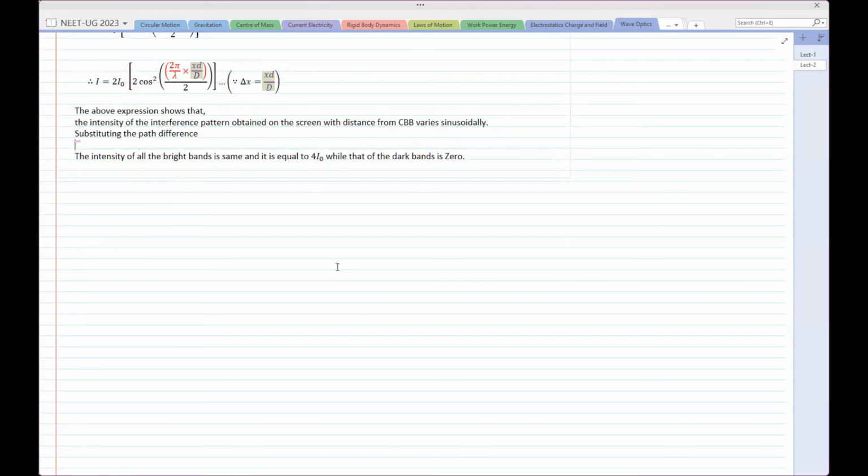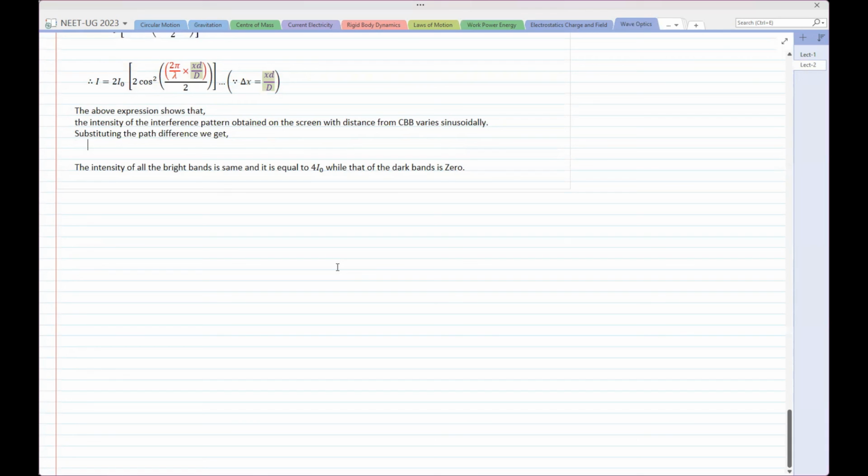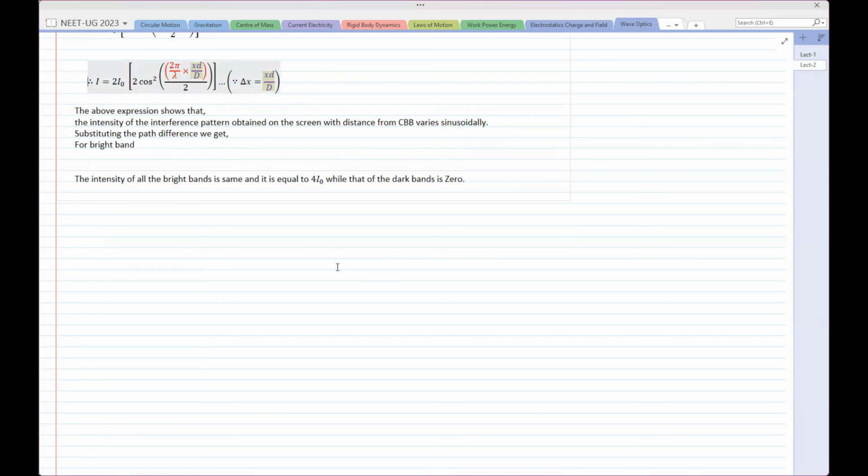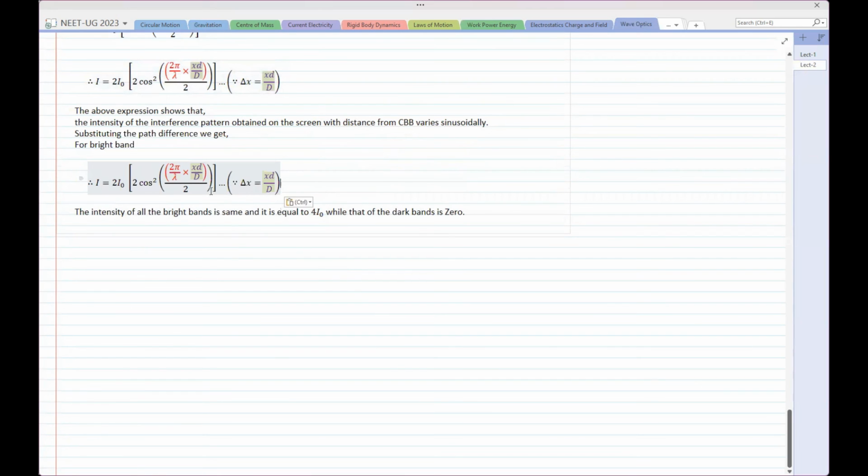And for bright band, path difference in this formula we want to substitute. So here in this formula, path difference for bright band is simply n lambda.